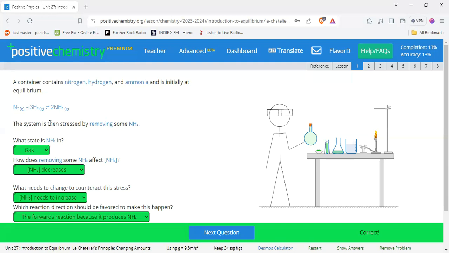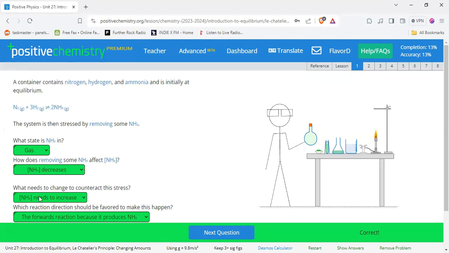So what state is NH3 in? That G means it's a gas. If we remove some NH3, what happens? Well, it decreases. That's kind of a dumb question. So what needs to change to counteract the stress? That's an odd way to say it, I think, but this has to go back up so that it's running just as fast left as it is right.